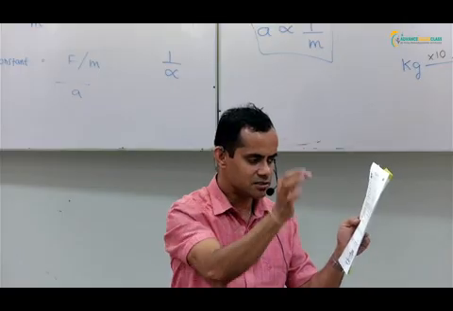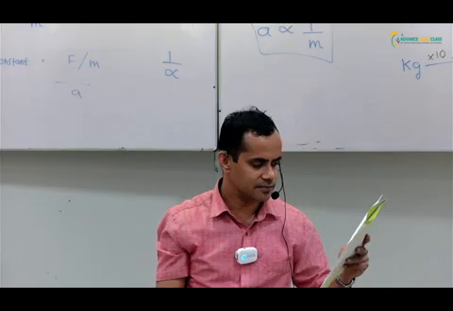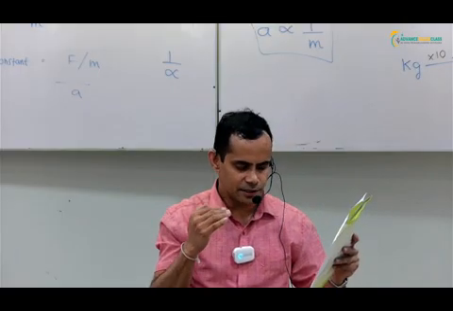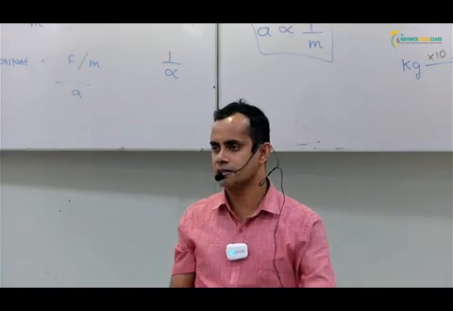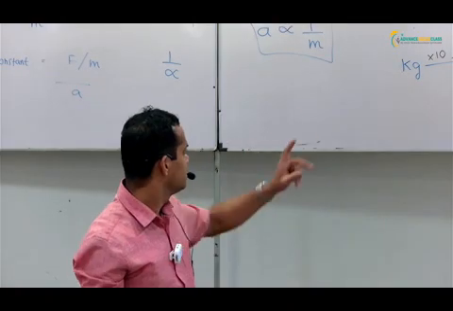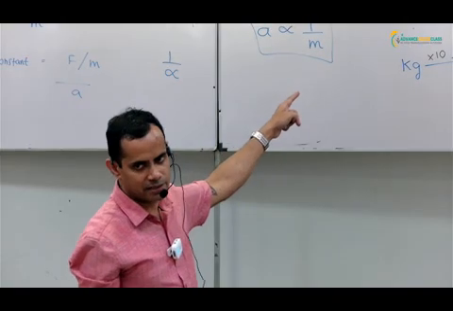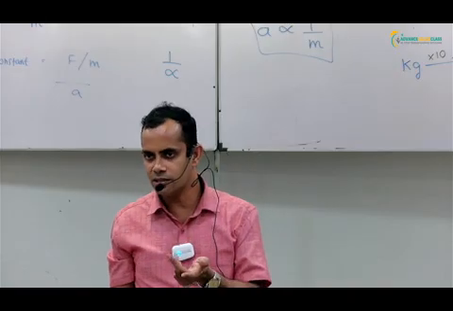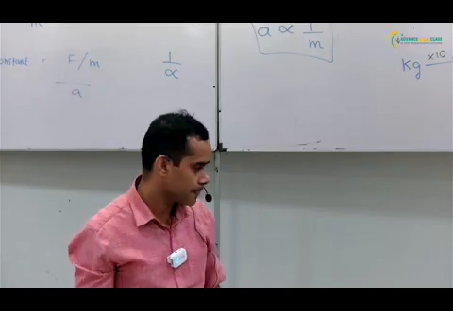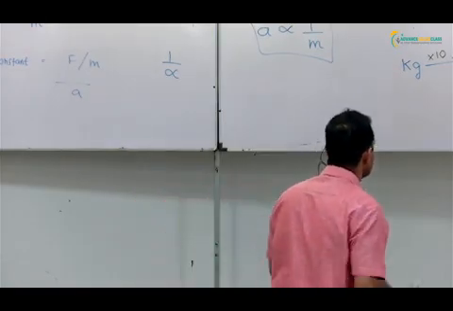Right. Exercise 1. The mass of a person is 60 kilograms. What would be the weight of that person? How to find? F equals ma. No need to write W equals mg. That also you can write, or even without writing you can do. Shall I show you how to do?